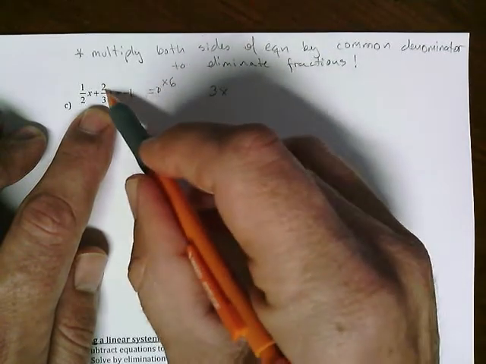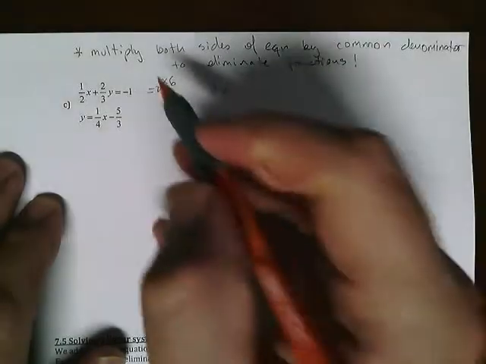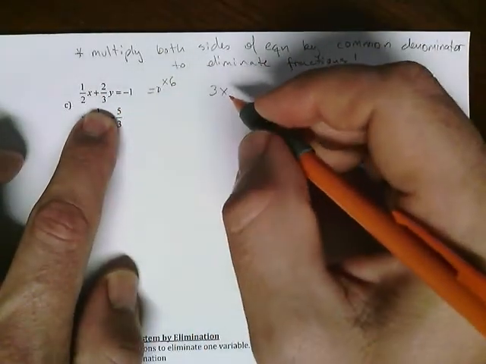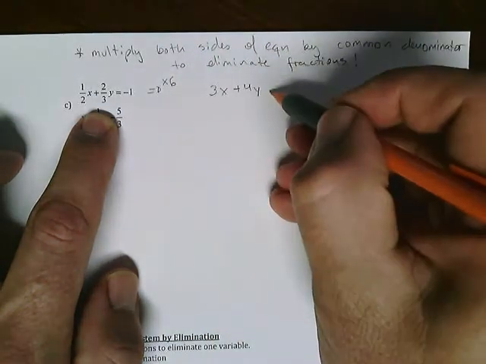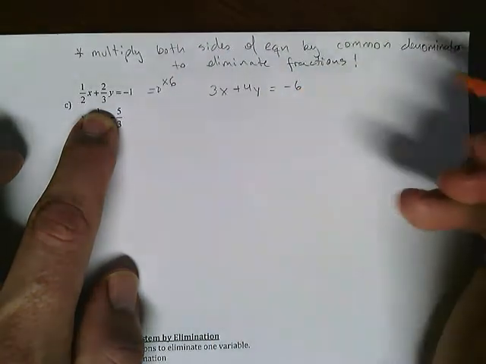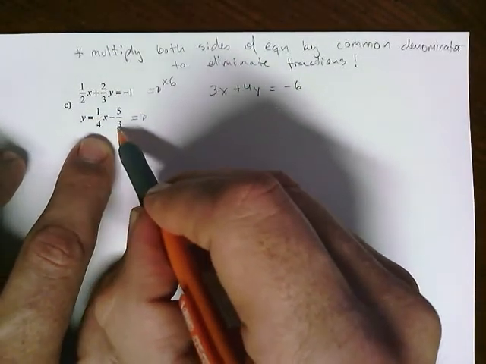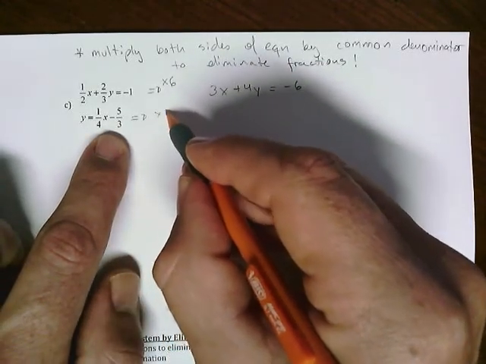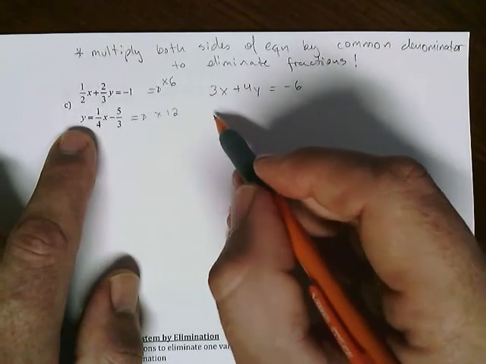Well, you go 6 times 2 is 12, divided by 3 is 4. So that's positive 4y. And then it's just -6. Okay. This one, the common denominator here is 12, right? So 3 times 4. So we're going to multiply everything by 12, and you get 12y.